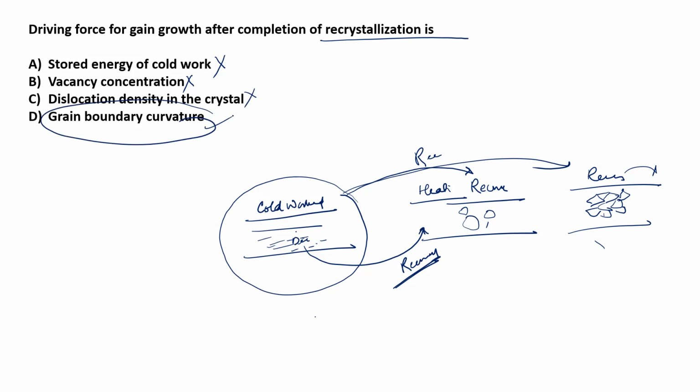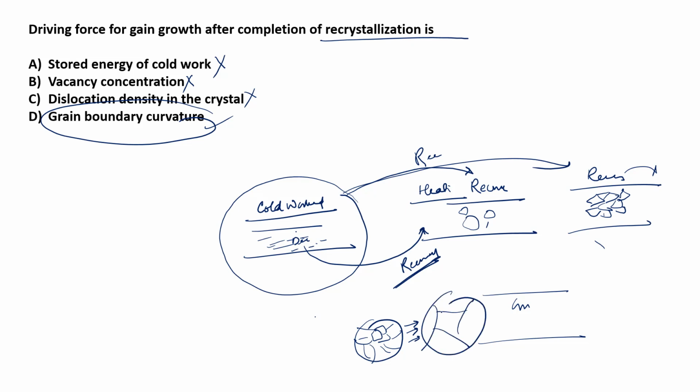Yes, because during grain growth we want the grain size to increase. Let's suppose these are the grains; after grain growth it should become like this. So the grain boundary area decreases, which decreases the overall energy and makes it more stable.